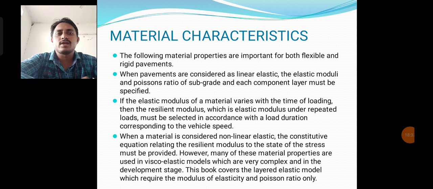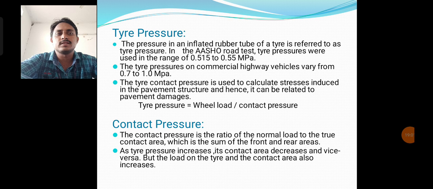If it is a non-linear elastic state, how is the resilient modulus and what type of stresses will be developed? Many of the material properties used in viscoelastic models are complex in nature. So this is about the material characteristics of pavement design.